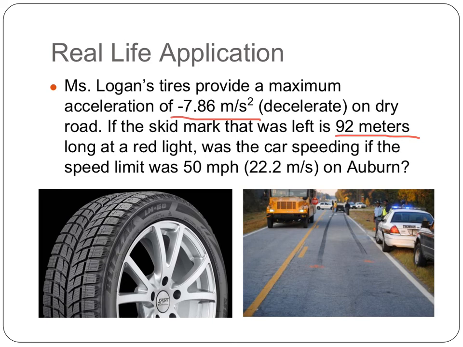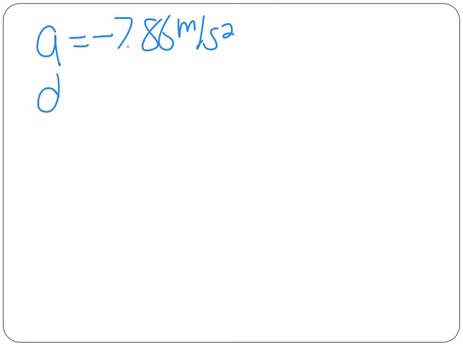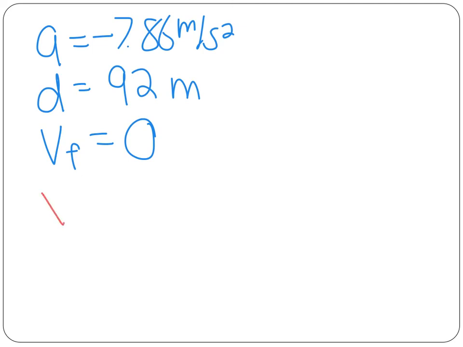Okay, so what we know from this problem. We know that my acceleration equals negative 7.86 meters per second squared. I know the distance I slowed down is 92 meters. And I know my final velocity, because it's a stoplight, is 0. What am I looking for? I'm looking for my initial velocity.